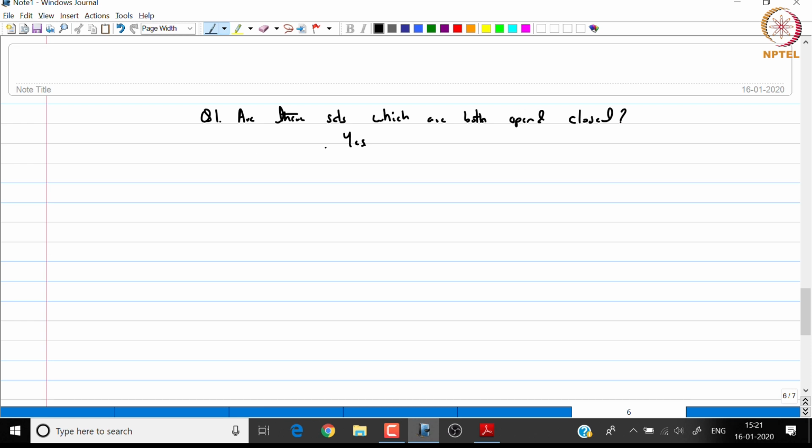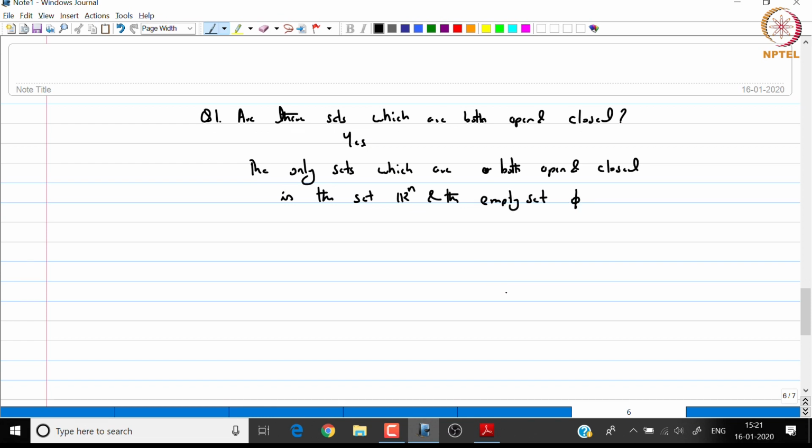In fact, the only sets which are both open and closed are the whole space Rn and the empty set. We denote the empty set by this symbol.